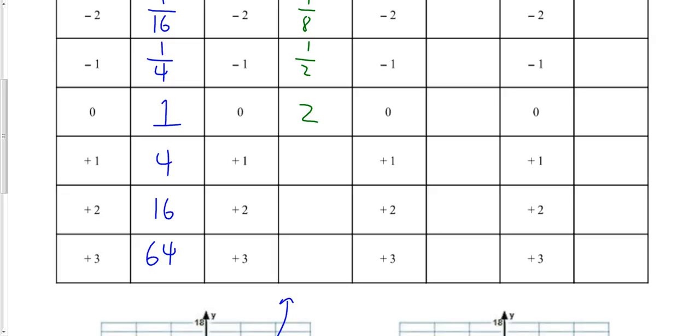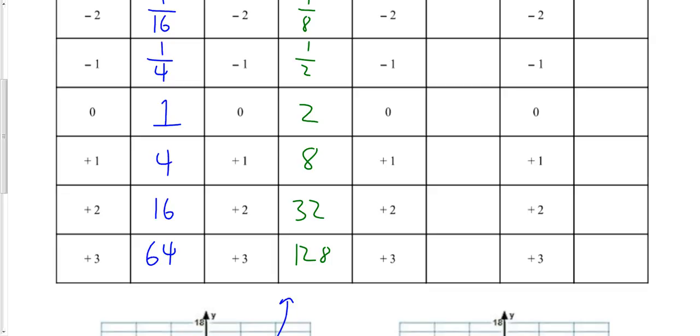If I do 2 times 4 to the exponent 1, that will give me 8. 2 times 4 to the exponent 2 will give me 32. And 4 to the exponent positive 3 times 2 will give me 128.